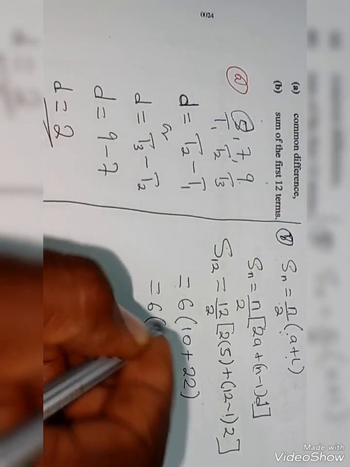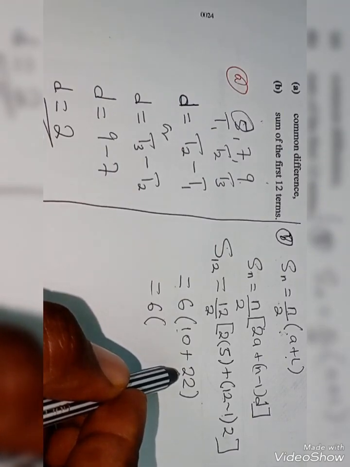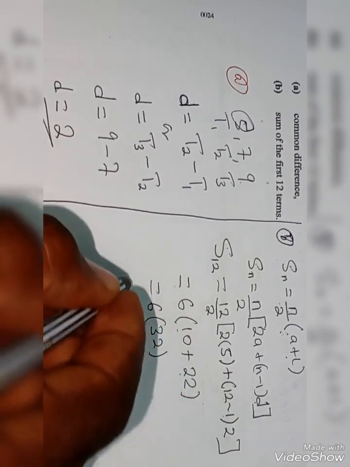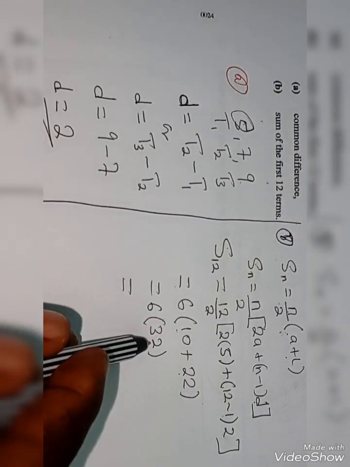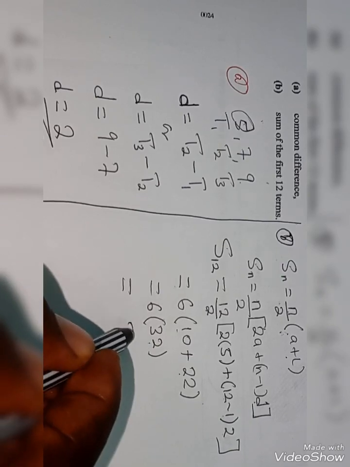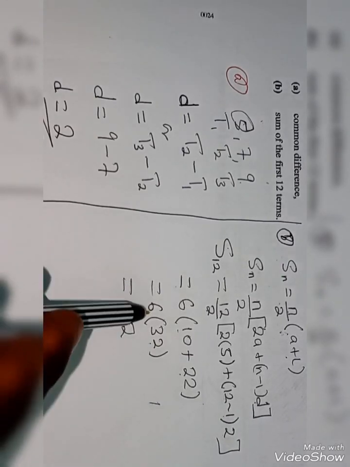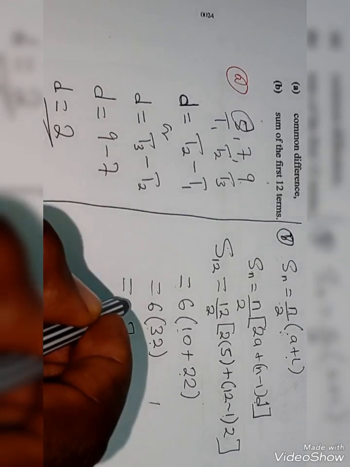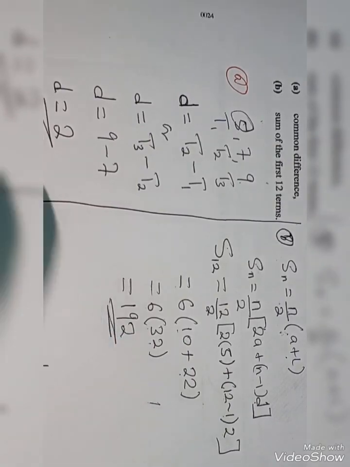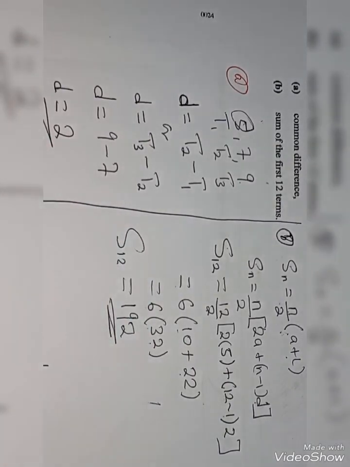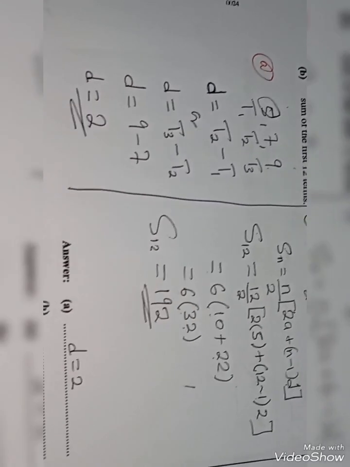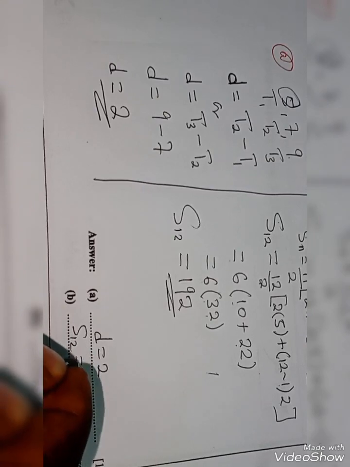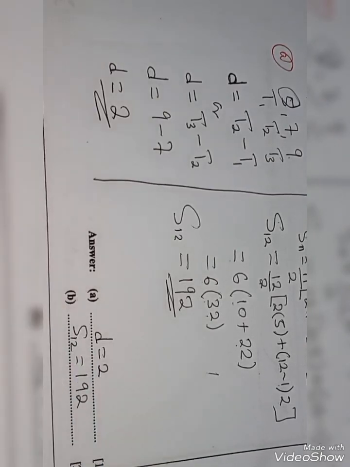So we say 6 times 10 plus 22, that is 32. 6 times 2 is 12, we write 2, carry 1. 6 times 3 is 18, 18 plus 1 is 19. So 192 is the sum of 12 terms. So sum of the first 12 terms is 192.